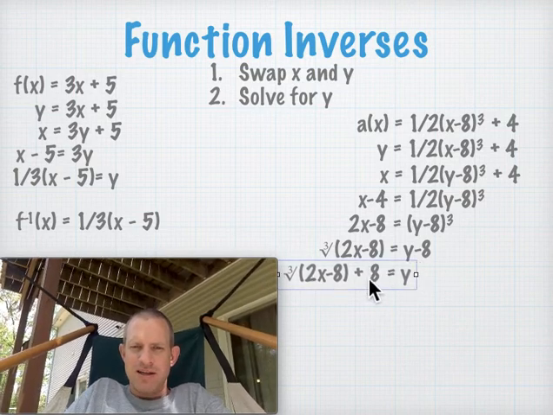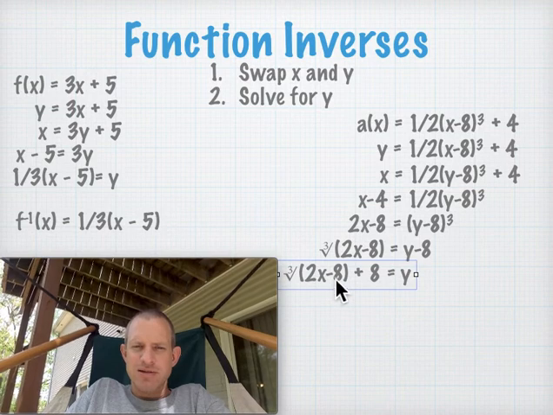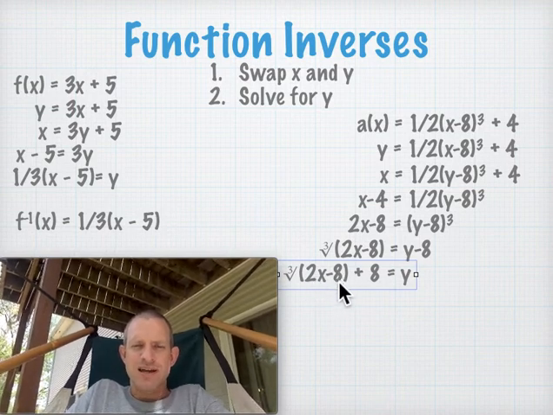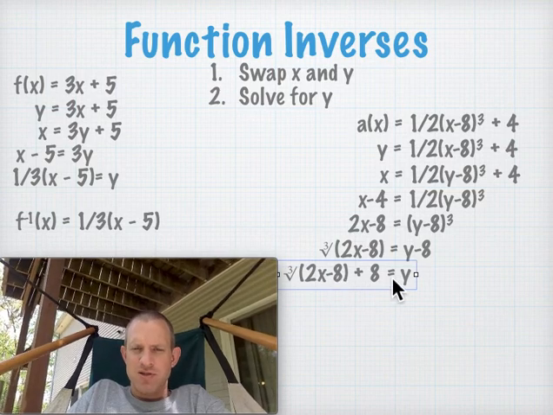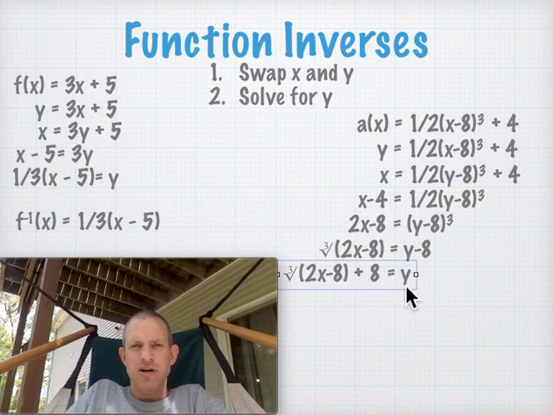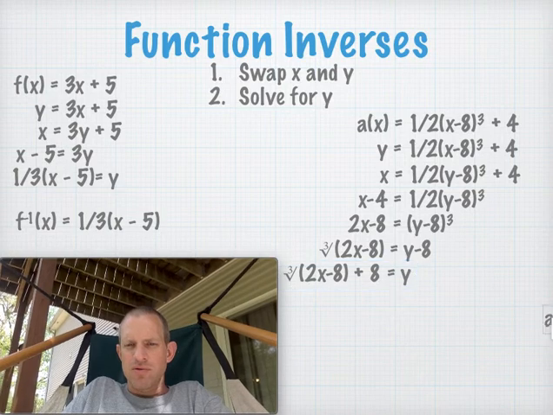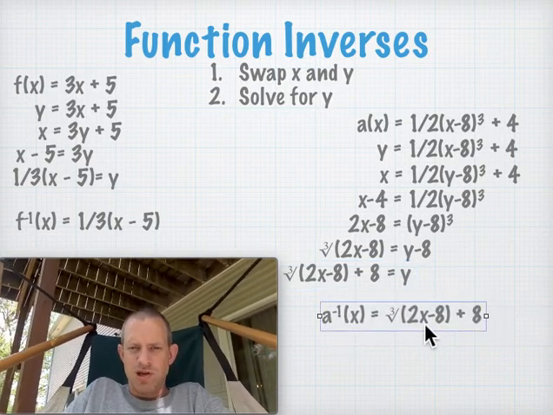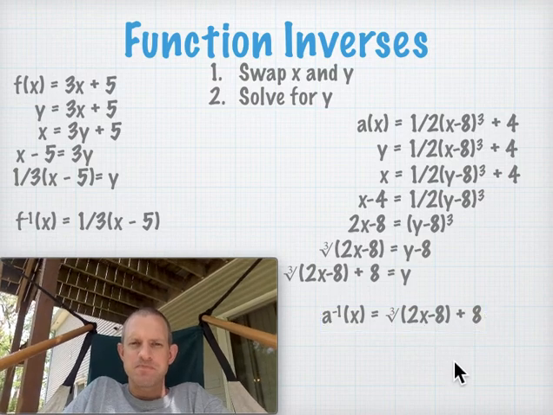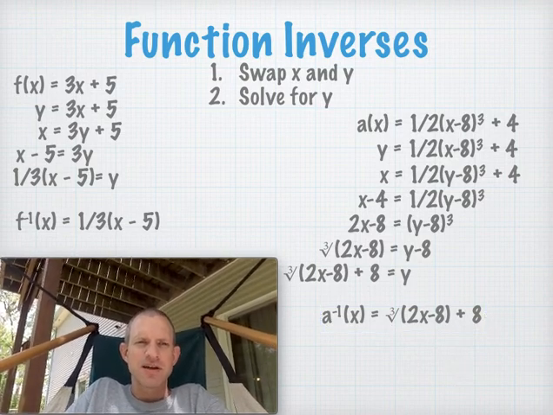The 8 that I added is not part of this cube root, and so it does not cancel out this minus 8 that's over there. That's all still part of my answer. And basically we're done. We got y alone, and so we'll write this as a inverse of x equals the cube root of 2x minus 8, plus 8. So that's finding inverses.